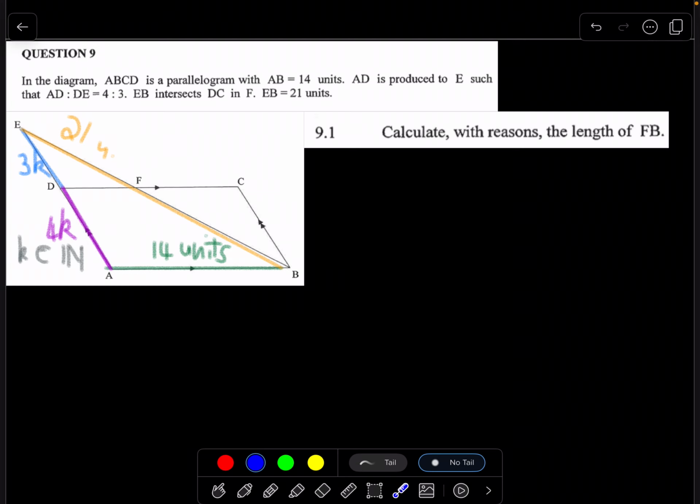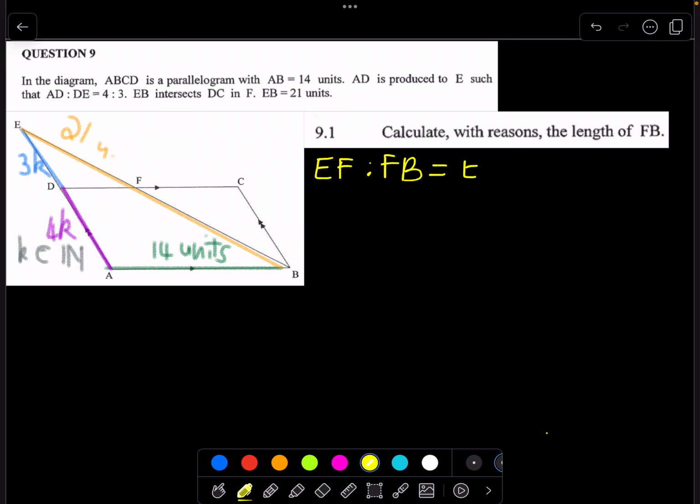So we know that the ratio of EF to FB is the same as the ratio of ED to DA.